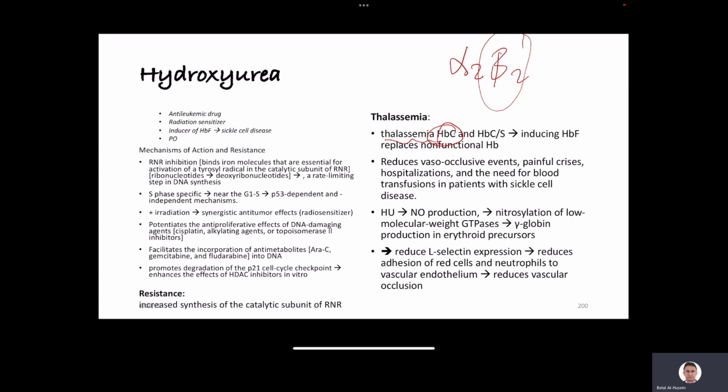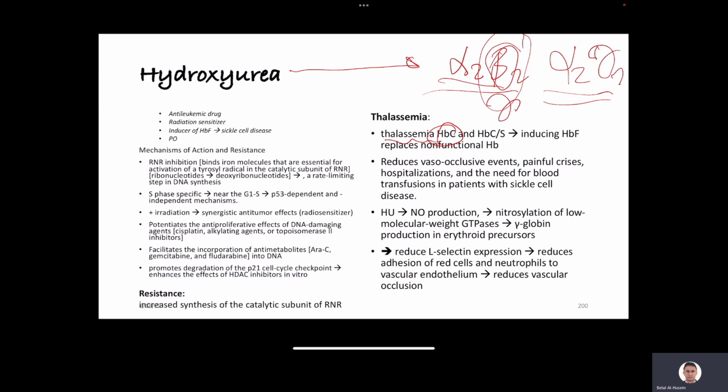So hydroxyurea, in fact, induces the formation of gamma globin, which would replace the beta globin. So it will produce hemoglobin F instead of hemoglobin A, or adult hemoglobin. So it will produce alpha 2, gamma 2, in fact, hemoglobin F. So hydroxyurea is used in hemoglobinopathies to induce formation of hemoglobin F that would replace the abnormal adult hemoglobin, which is hemoglobin C or hemoglobin S in case of thalassemia and sickle cell anemia consecutively.